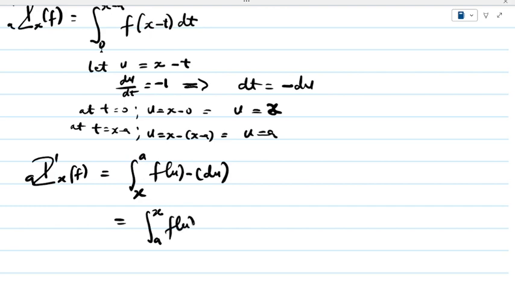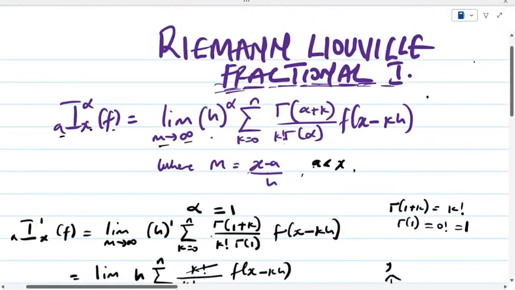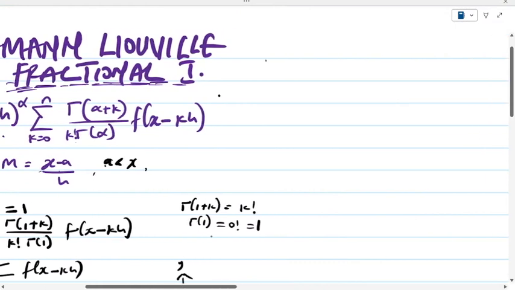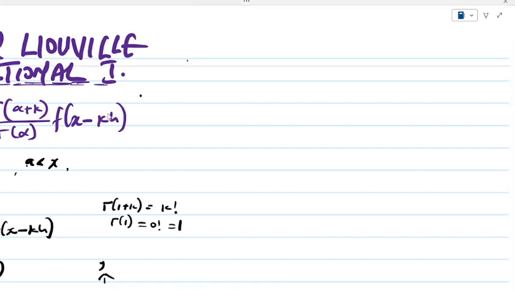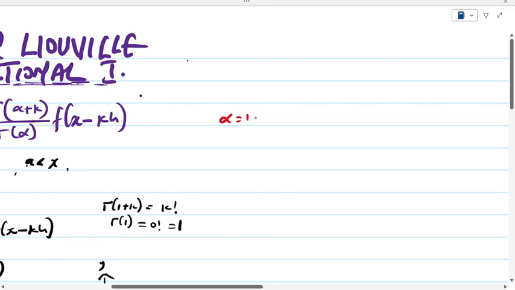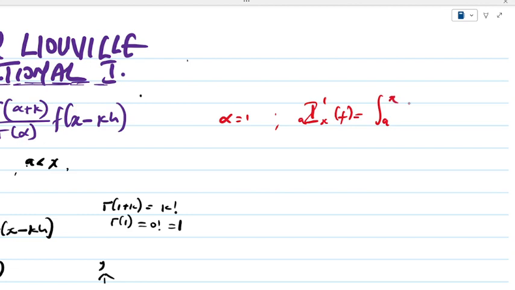It turns upside down because of that negative du. So when alpha equals 1, we have this result. Let me write it somewhere here, and then we'll check when alpha is equal to 2 before we make a general conclusion. When alpha equals 1, we have the integral of order 1 of f of x to be the integral from a to x of f of u du.